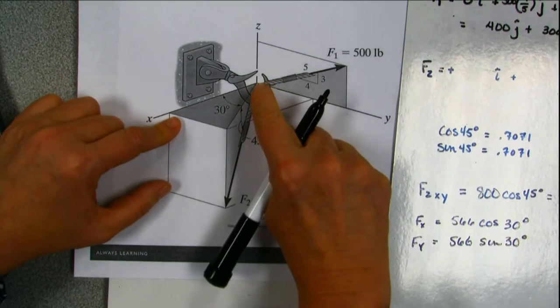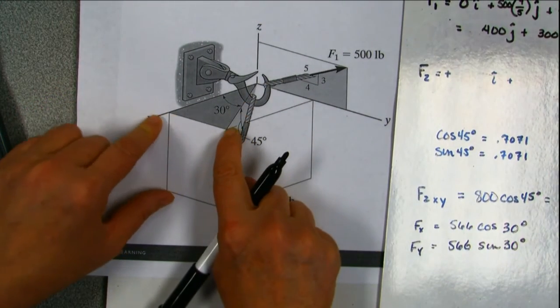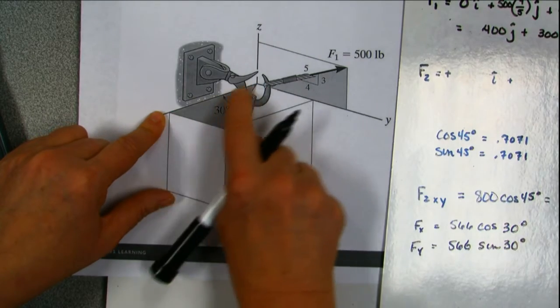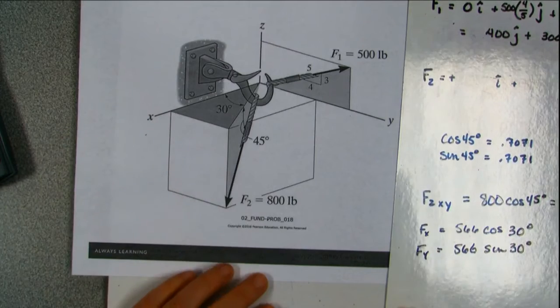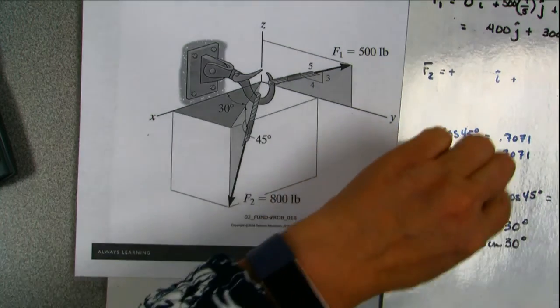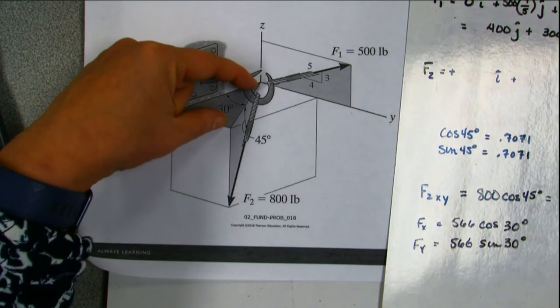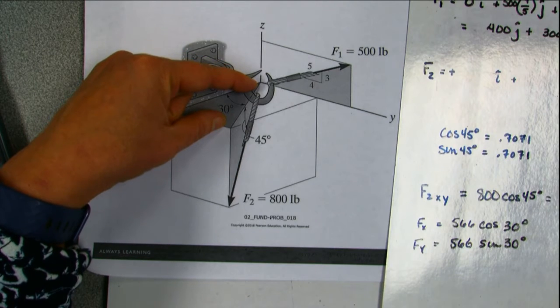Because this is my projection onto the XY. Here's my X, and here's my Y. Now, I could have done it straight through just with the phi and the sine, but I wanted to get you guys used to dealing with a projection onto one of the planes, because that may help you down the road.